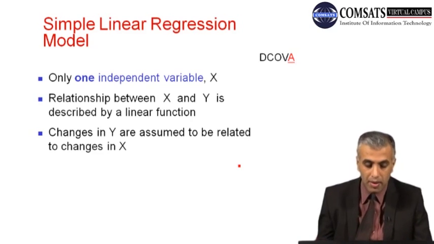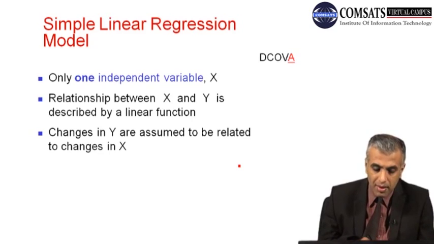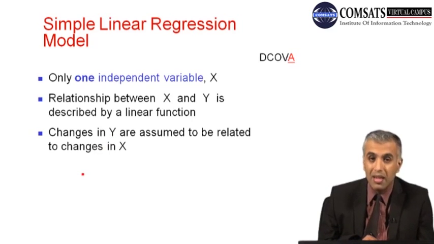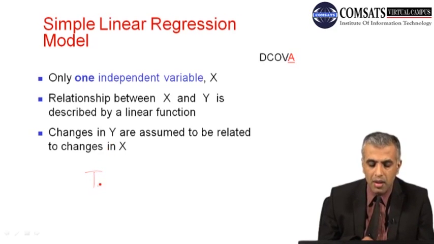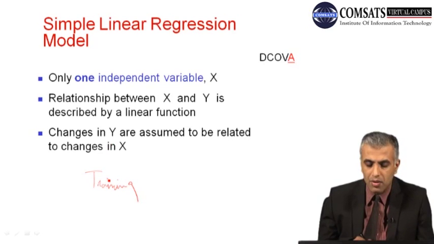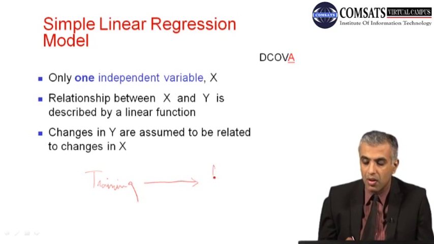For example, let's say in the example we were trying to study the impact of training on employee productivity. So here you can see that training is the HR practice. We want to study its impact on employee productivity.